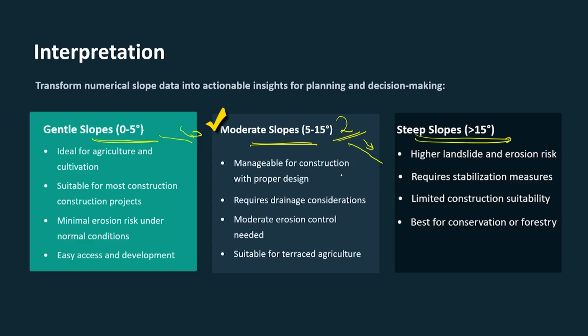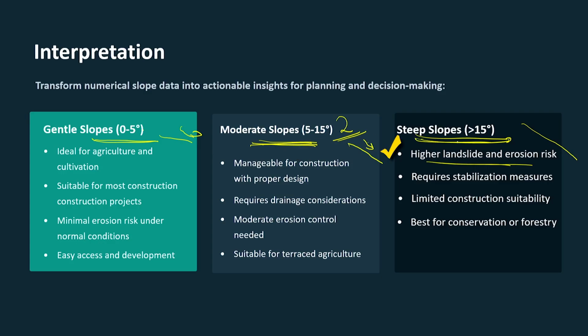This is what our hill areas might look like. It is still manageable for construction provided proper designing goes in place, and it requires serious plans to execute proper drainage without putting too much pressure on the land. Then we have moderate measures for erosion control, which are required in the second category.